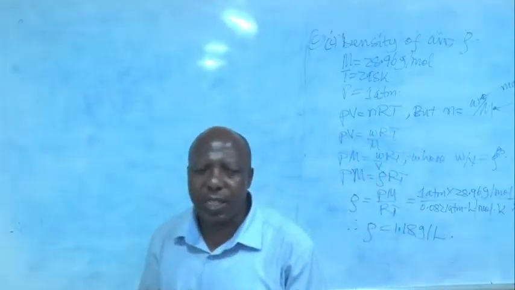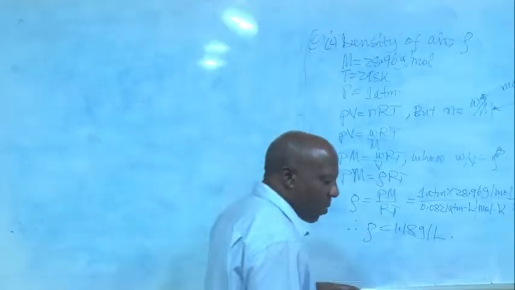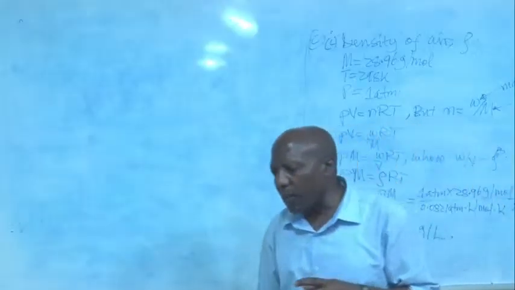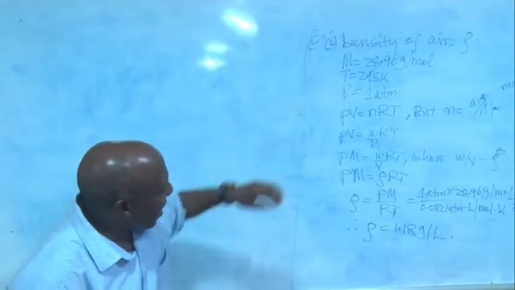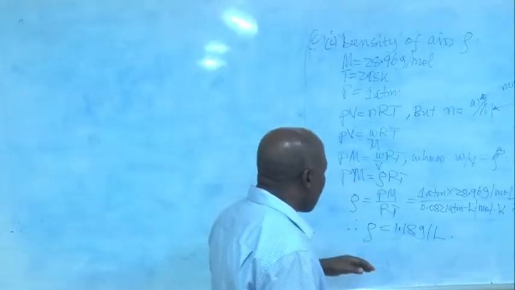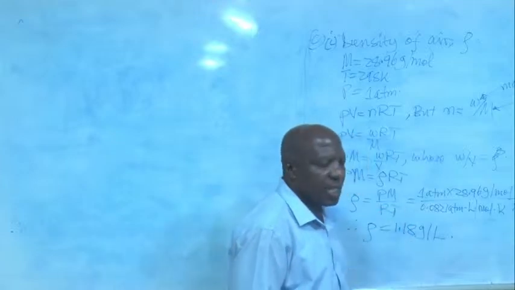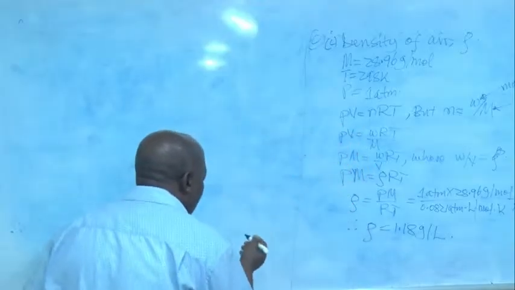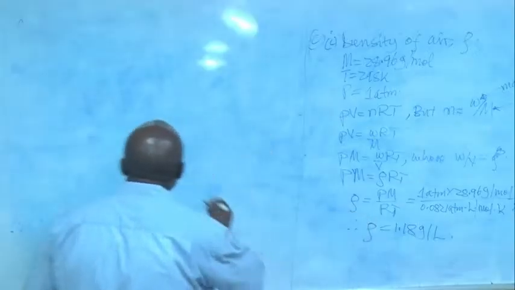So our task is to show by calculation that a balloon filled with carbon dioxide at the same temperature and pressure as the air could not rise in air. It means to show mathematically that its density is greater than the density of air.